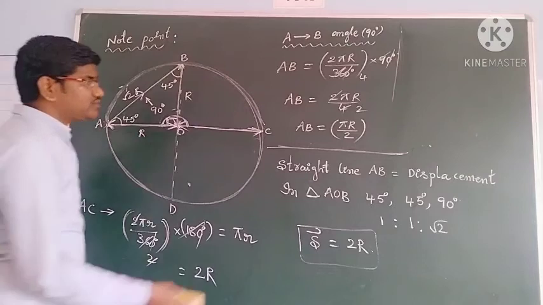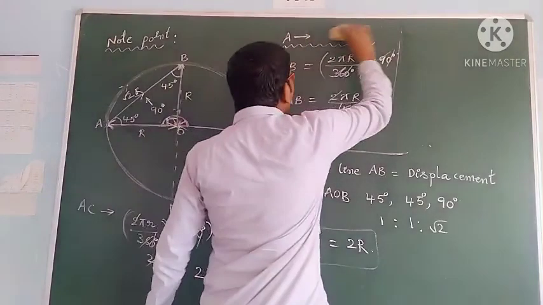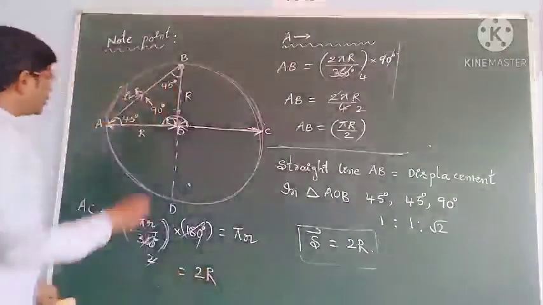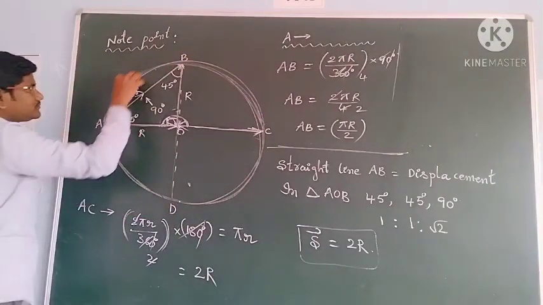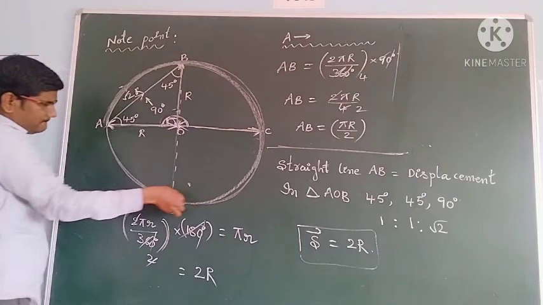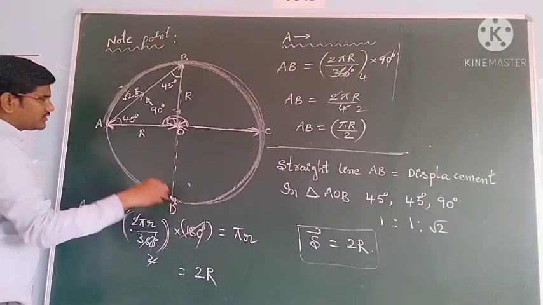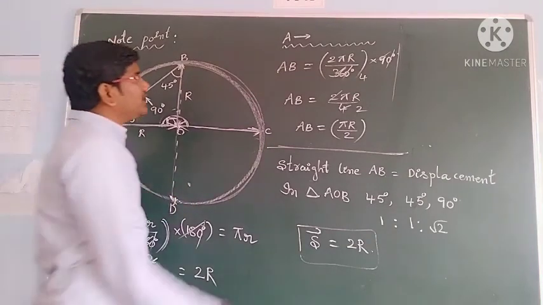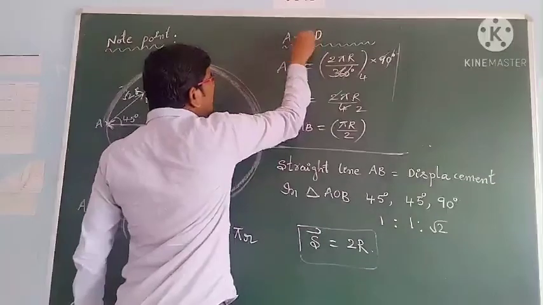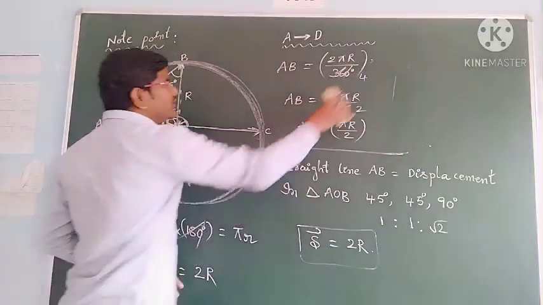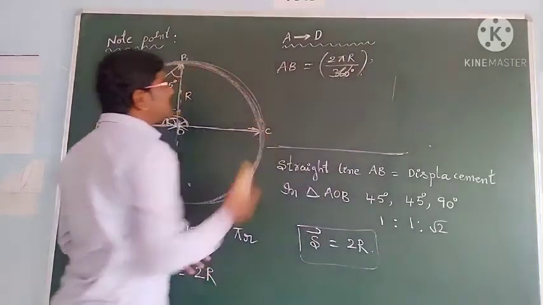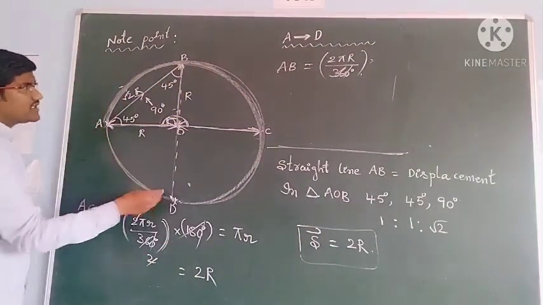Now next we can check A to D. If it goes from A to D, this is called the arc.